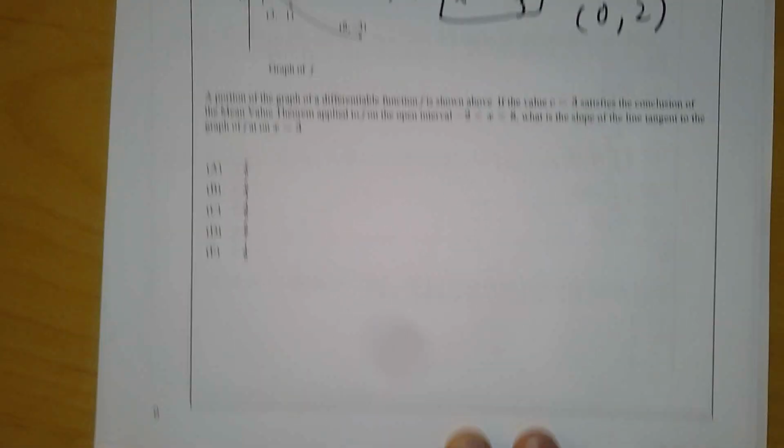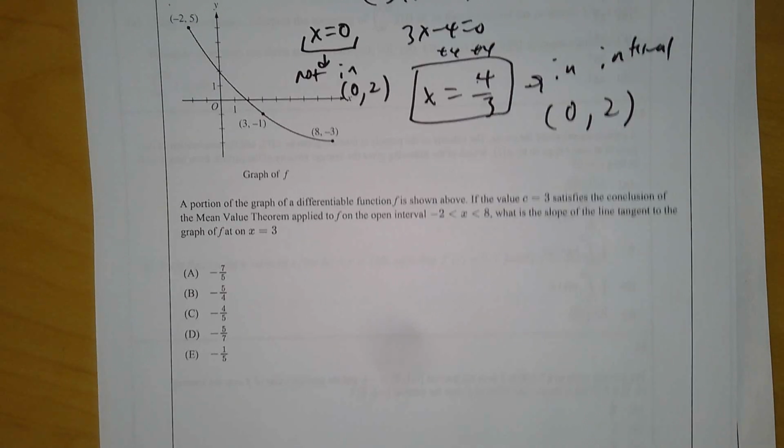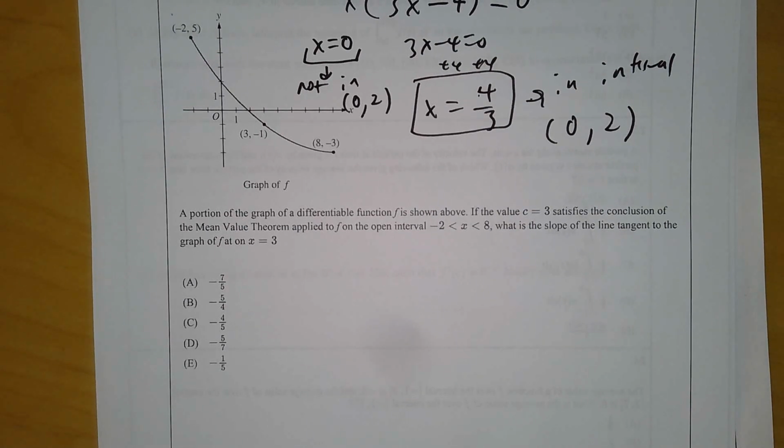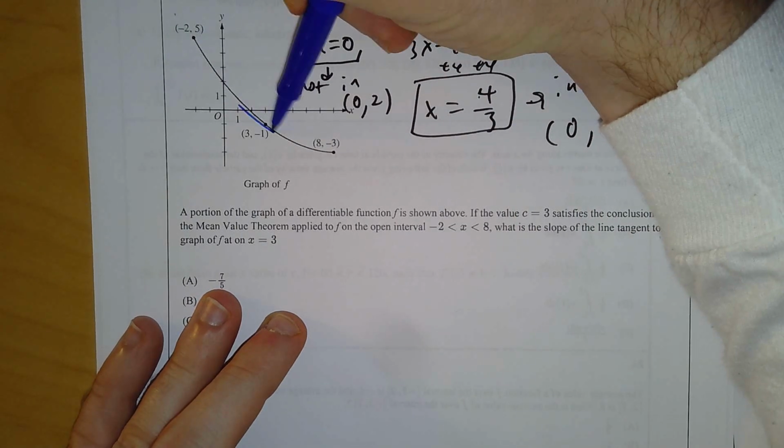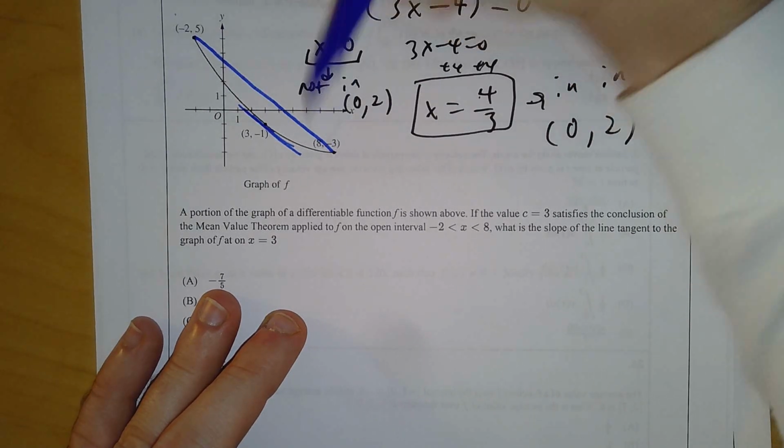All right, moving on. A portion of the graph of a differentiable function is shown above. If the value of c equals 3 satisfies the conclusion of the mean value theorem, what is the slope of the line tangent to the graph at x equals 3? Basically, remember, C satisfies the conclusion just means that the tangent line at C right here has the same slope as the average rate of change from here to here.